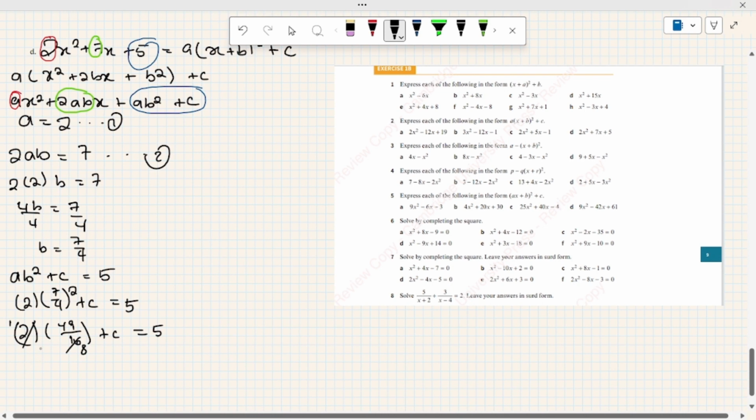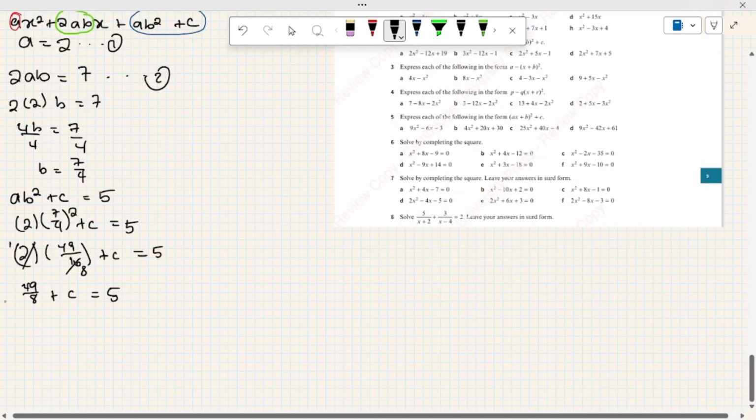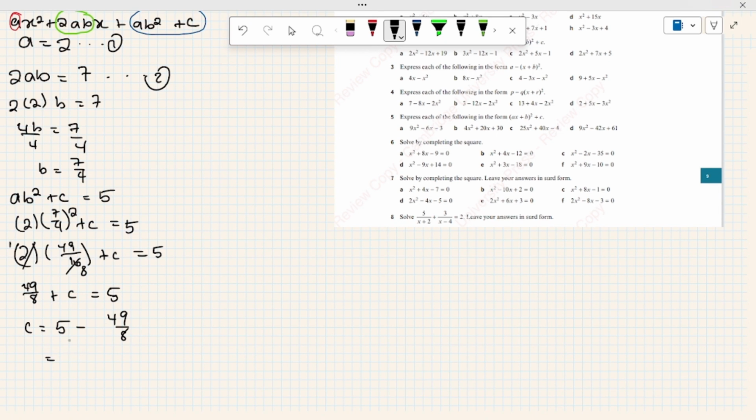So it's going to be 49 over 8 plus c is equal to 5. So now c is going to be equal to 5 minus 49 over 8. So c is equal to 8 times 5, it's 40, 40 minus 49, it's going to be minus 9 over 8.